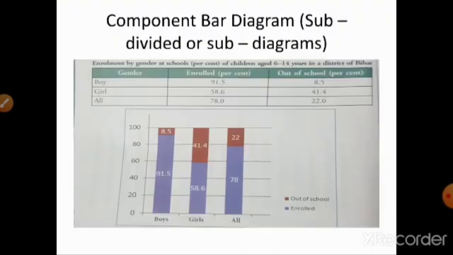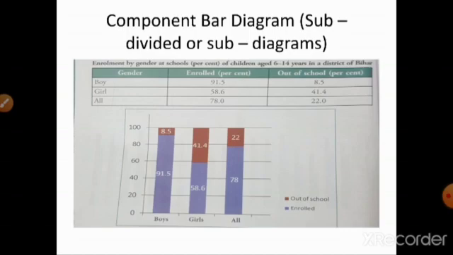Okay, the next one is the component bar diagram. It shows how the bar is subdivided into two or more components. It is also called the subdivided bar diagram.